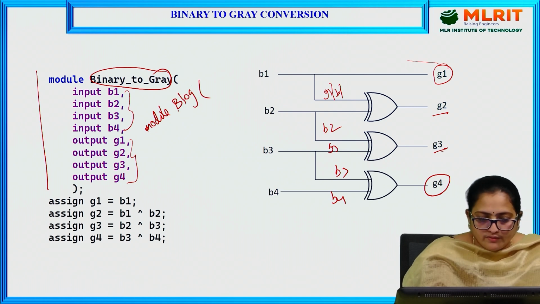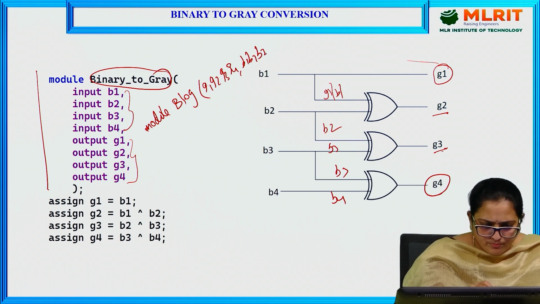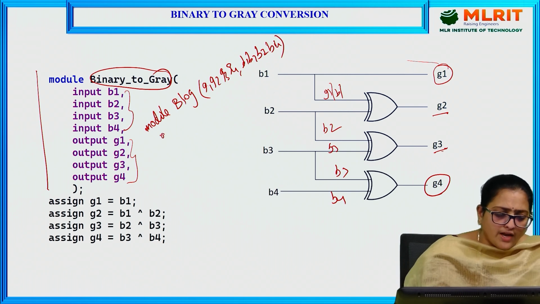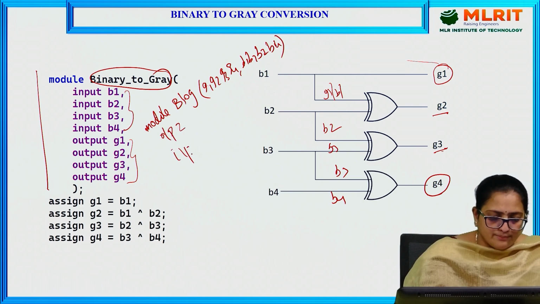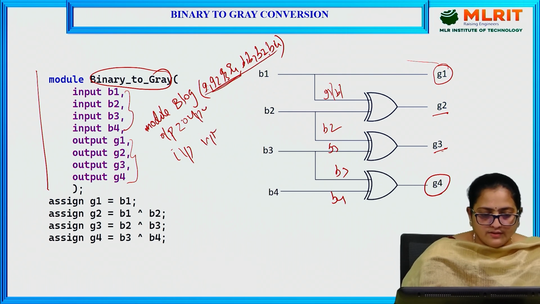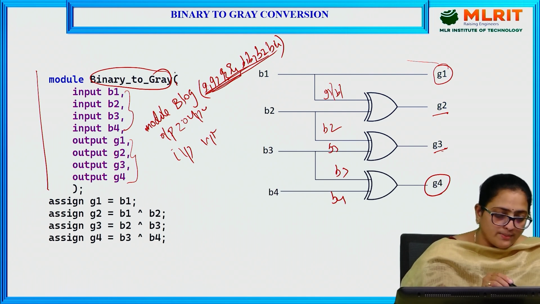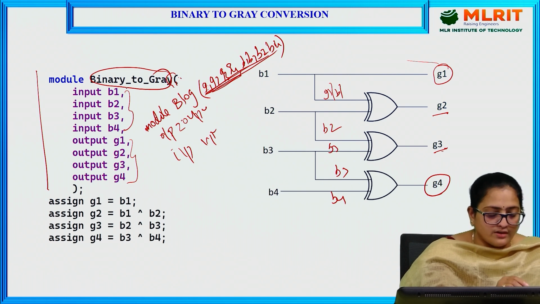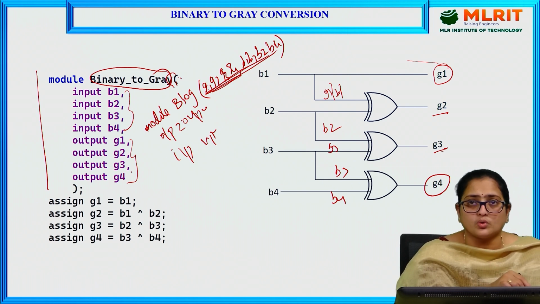You can give the variables here as G1, G2, G3, G4, B1, B2, B3 and B4, and you can declare the outputs and inputs with the output keyword and input keyword, or else here itself we can declare the inputs and outputs. So, wherever we are declaring the port name, there itself I have declared the inputs and outputs. You can also declare in this way.